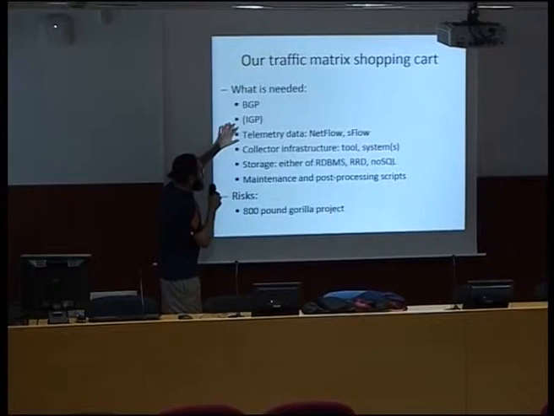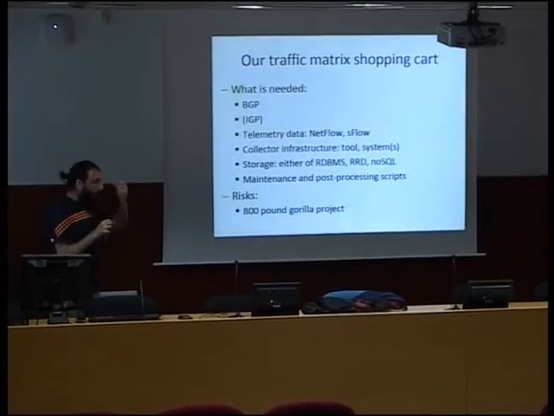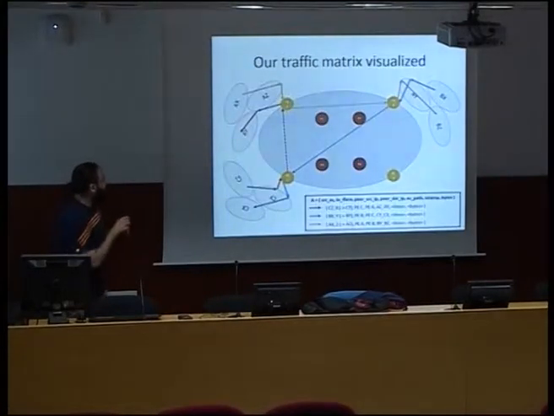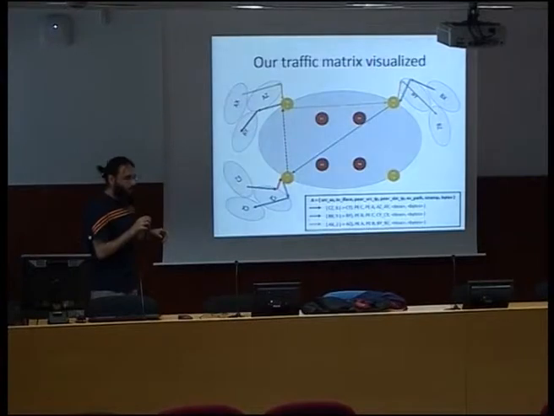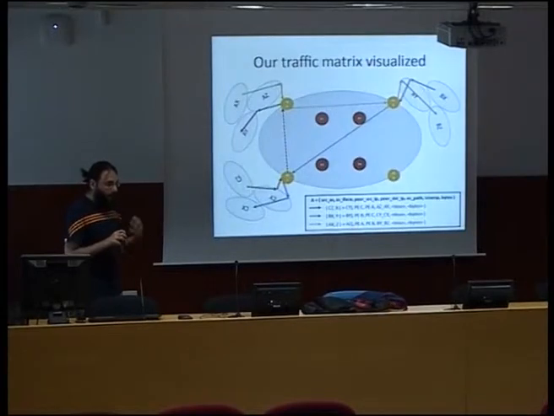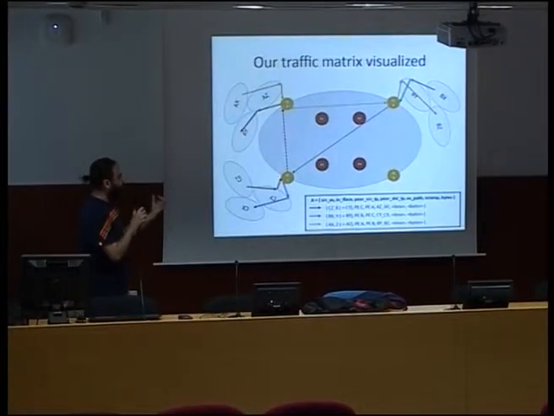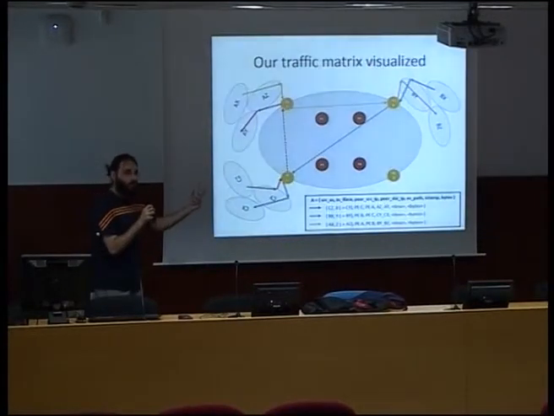Let's go to the optional part, IGP. So IGP, it depends. For the traffic matrix that we want to build, for peering purposes, if you are, for example, a small organization, then maybe you also need the IGP component, to do a little bit of capacity planning of the backbone, right?